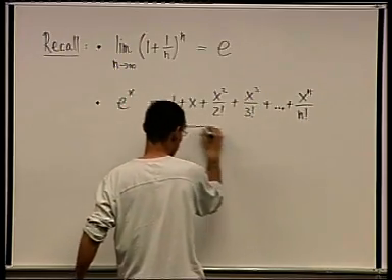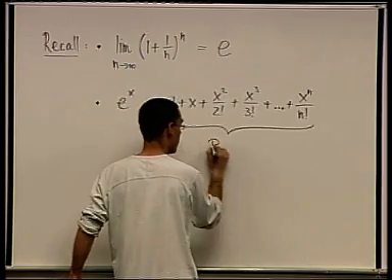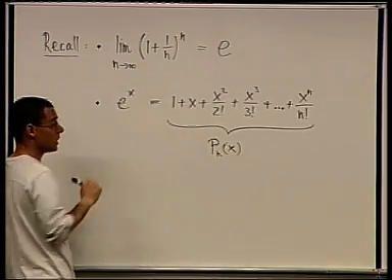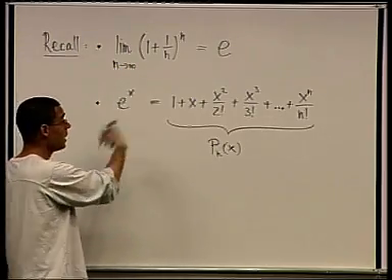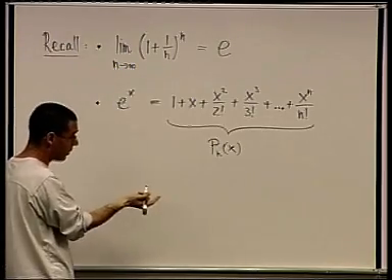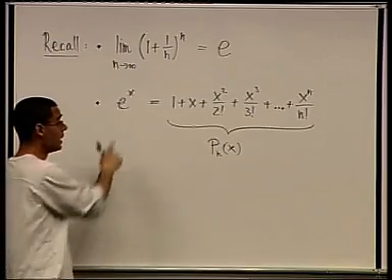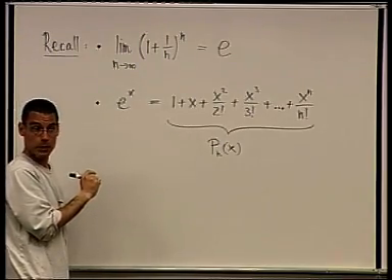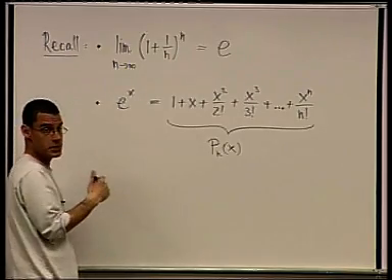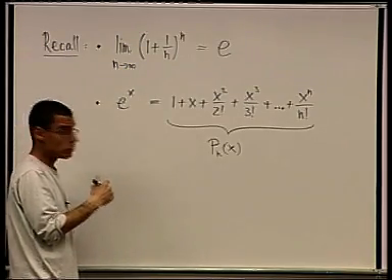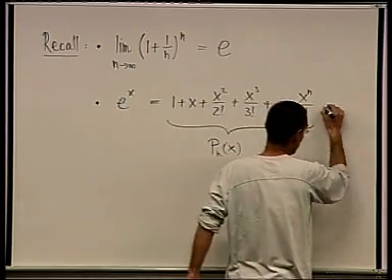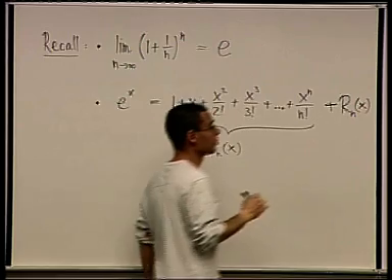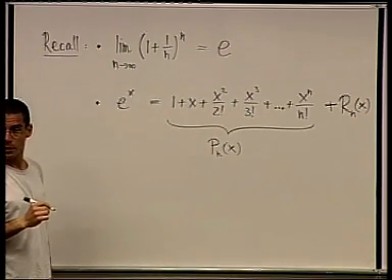So this was P n of x. This was the Taylor polynomial, or the Maclaurin polynomial, of the function e to the x around a equals 0 of degree n. But this is by no means equal to the function. How can I correct this? Right. There's an error term. So plus R n of x. Good?